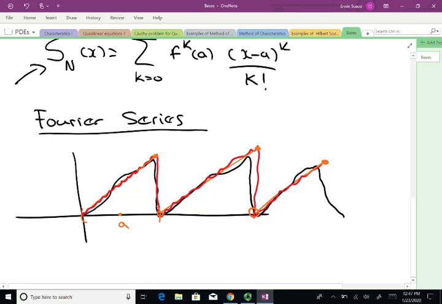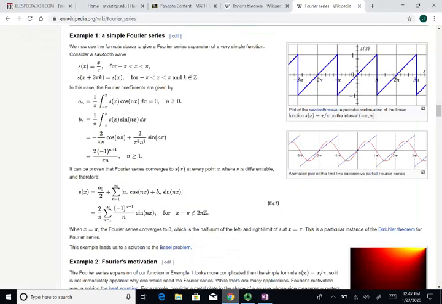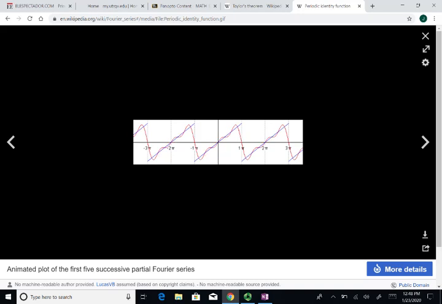Why? Because it turns out that Fourier series is going to appear naturally in the heat equation. It's going to appear naturally in the wave equation. The wave equation is about signals. Let me show you here. They have a nice example in Wikipedia. You see, they're showing k equals 1, k equals 2, k equals 3, different approximations for those lines.